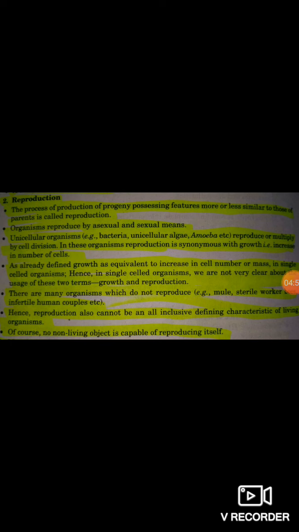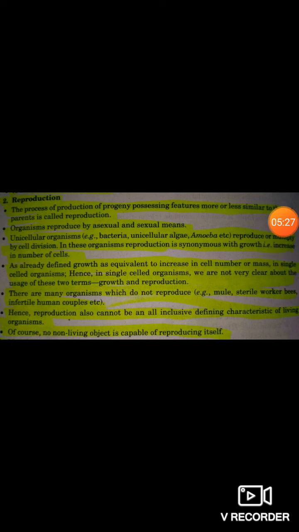That means increase in number of cells. As already defined, growth is equivalent to increase in cell number or mass in a single-cell organism. Hence, in single-cell organisms, we are not very clear about the uses of these two terms, growth and reproduction.